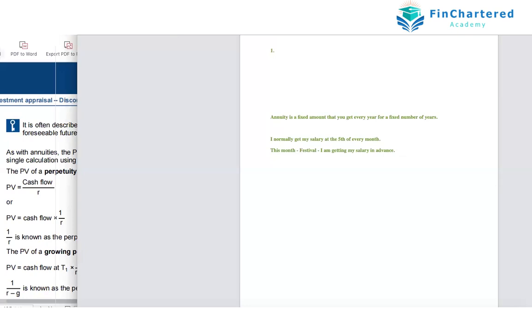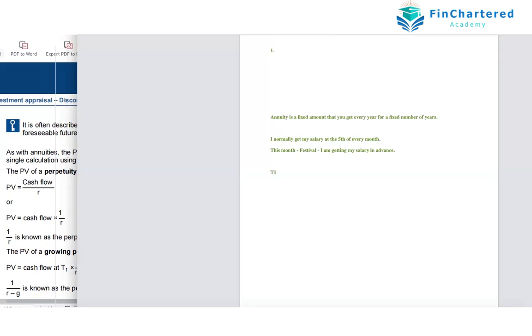Instead of getting it on the 5th, I'll get it on maybe the 29th, tomorrow. So if that happens with an annuity, it is an advanced annuity.